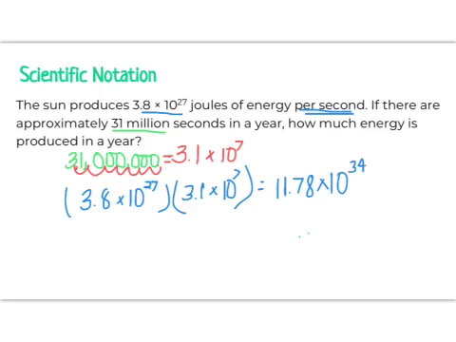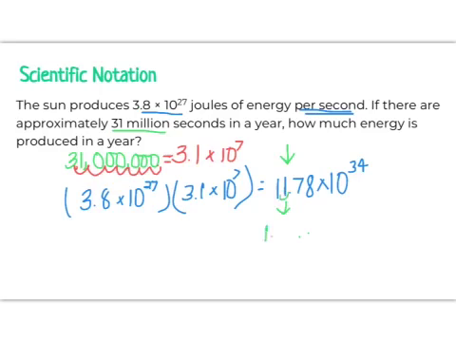However, this is not written in correct scientific notation because this first number is not less than 10. So I need to rewrite this first number correctly, which means I need to take the decimal where it is and move it over 1 place.